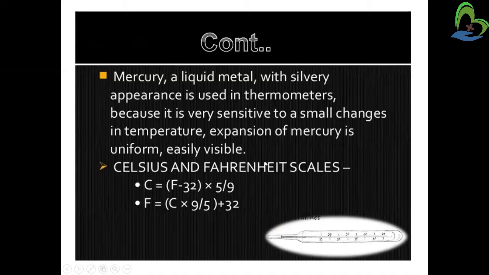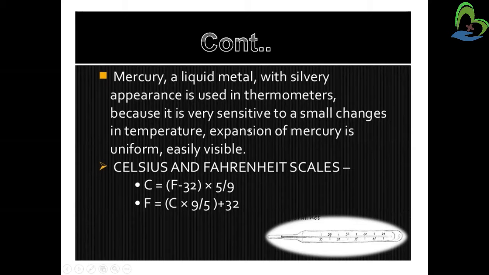Mercury is a liquid metal with a silvery appearance. It is used in thermometers because it is very sensitive to small changes in temperature, and the expansion of mercury is uniform and easily visible.